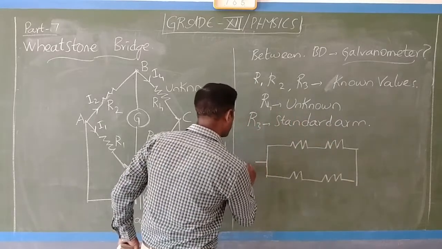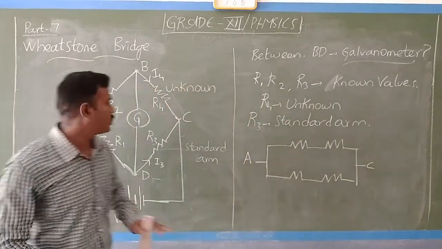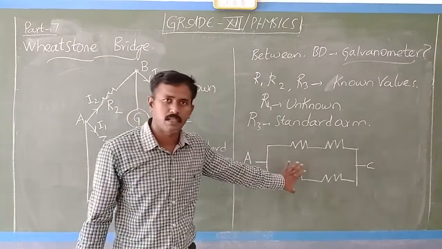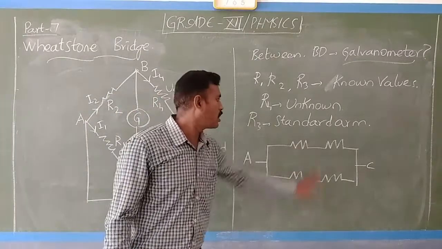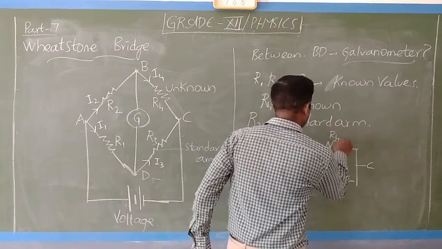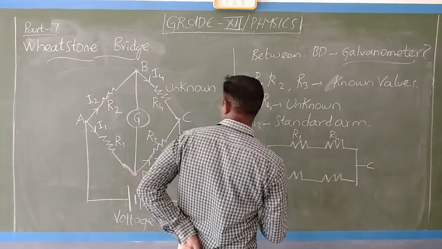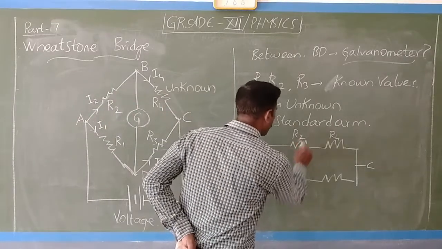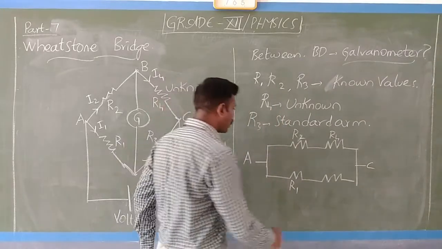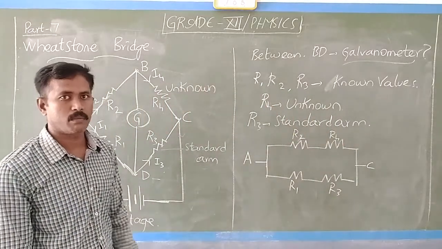Without the galvanometer, how will the arrangement be? R1 and R4 are in series, and R2, I'm sorry, R2 and R3 are in series. This is the actual condition without the galvanometer.